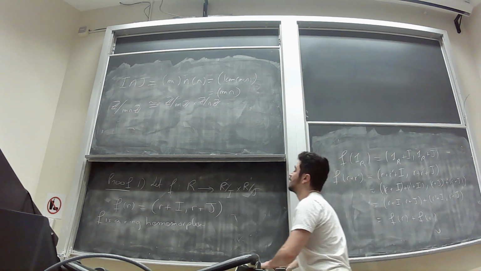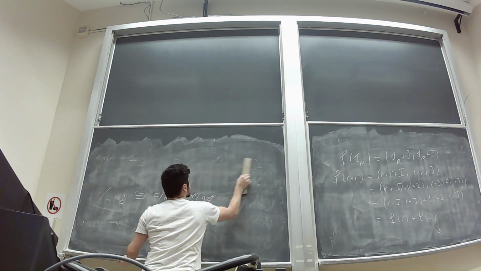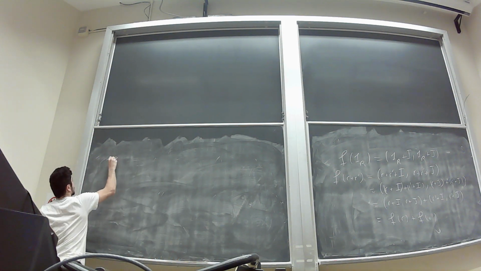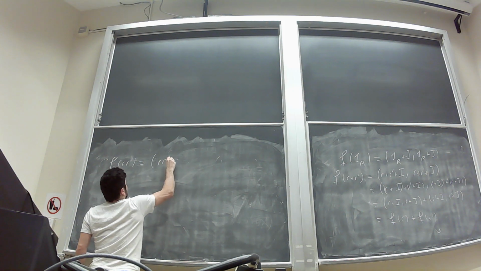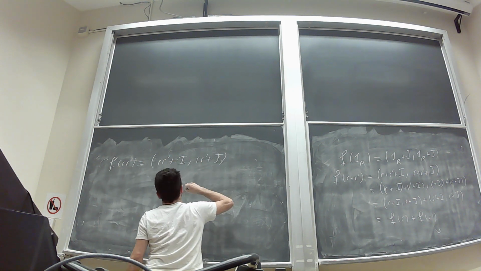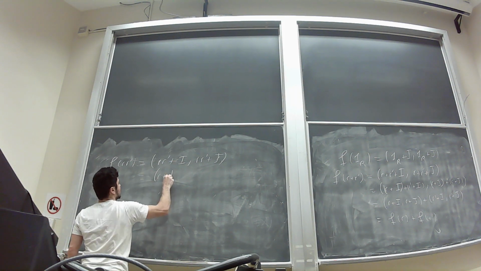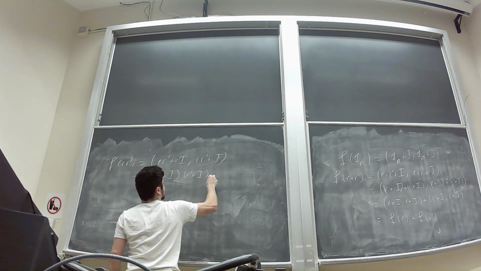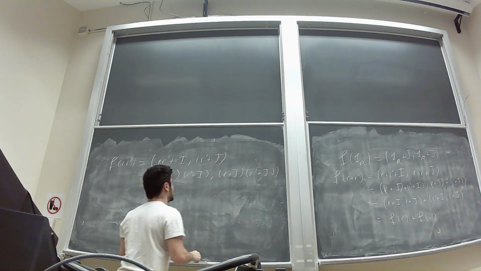Now I have to check that f is multiplicative. What is f of r r prime? This is just r r prime plus I, r r prime plus J. Well, what is r r prime plus I? This is just the product of r plus I times r prime plus I, and r r prime plus J is the product of r plus J and r prime plus J. This is the product of the quotient ring.